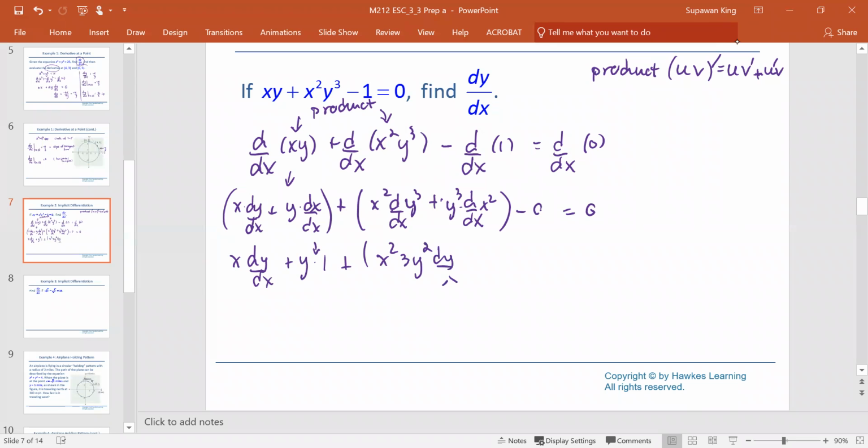Again, y is a function of x, which we don't have to solve for, since we are working with an implicit function. And then the next term, y to the third times the derivative of x squared, which is 2x, equals 0.